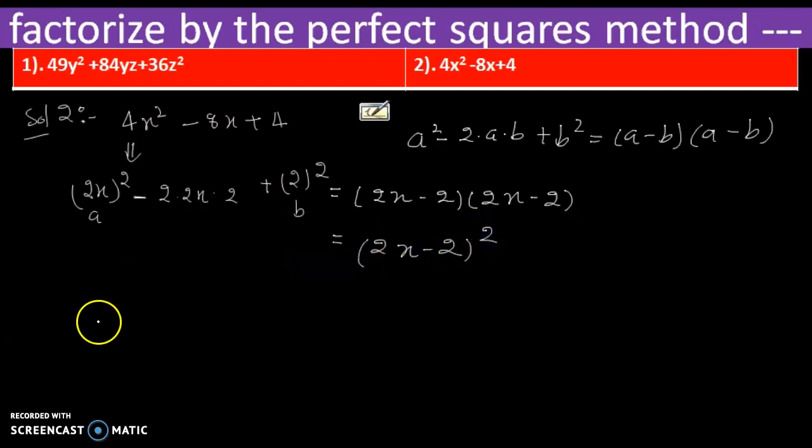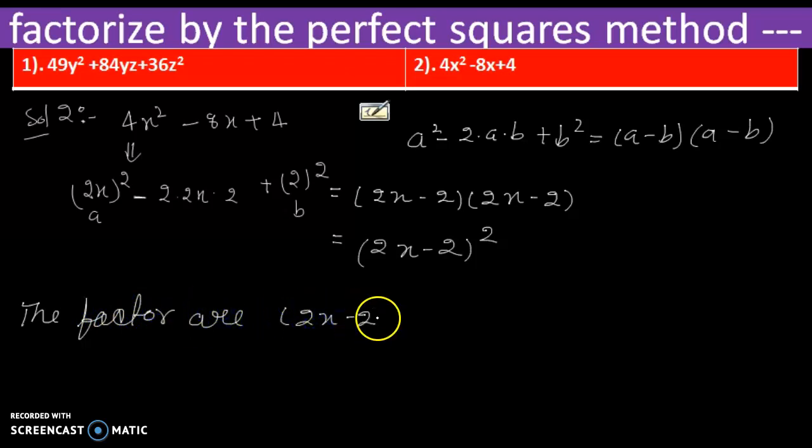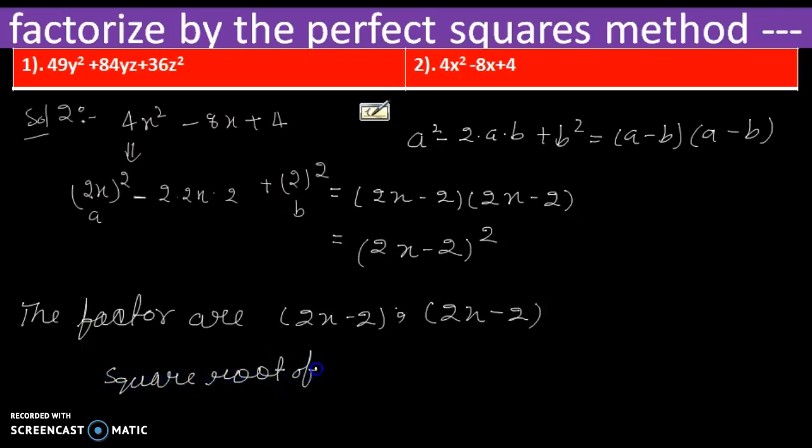So our factors are 2x minus 2 comma 2x minus 2, and our square root of 4x square minus 8x plus 4 is 2x minus 2.